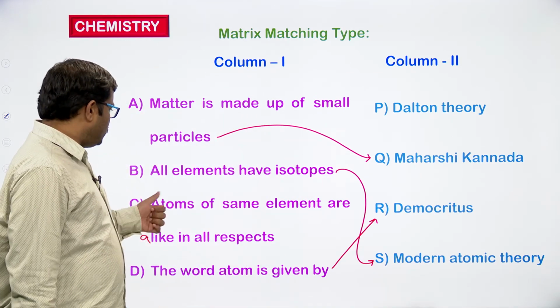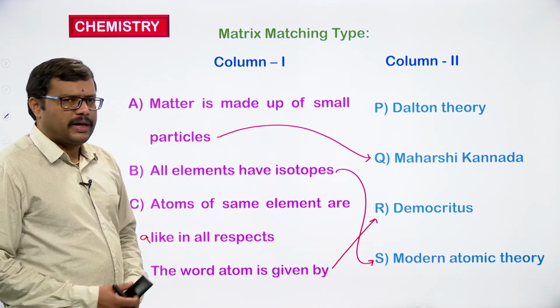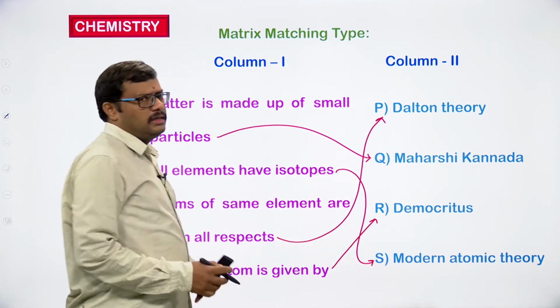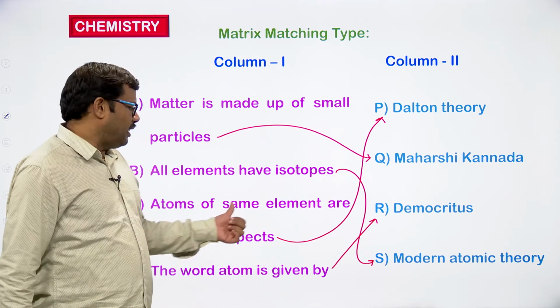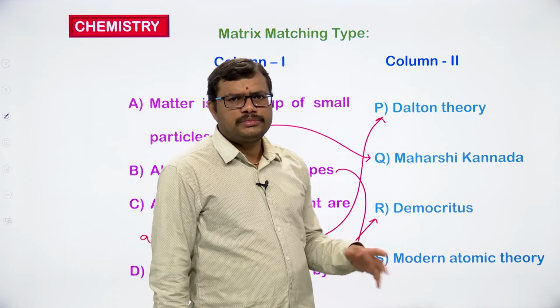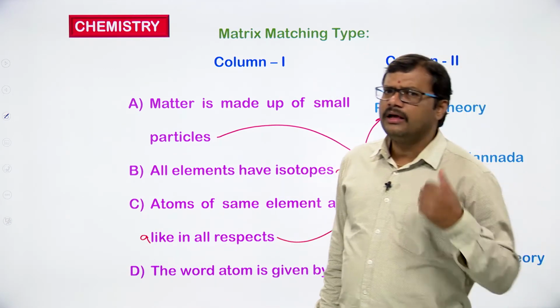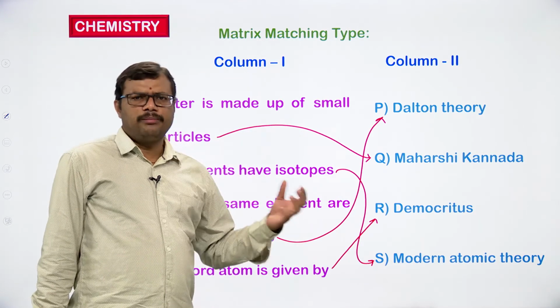And if we observe, atoms of the same element are alike in all respects. This is the statement given by John Dalton in his atomic theory. Atoms of different elements will be different in their properties, but atoms of the same element will have the same properties.